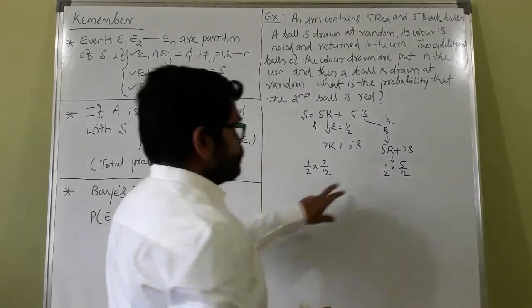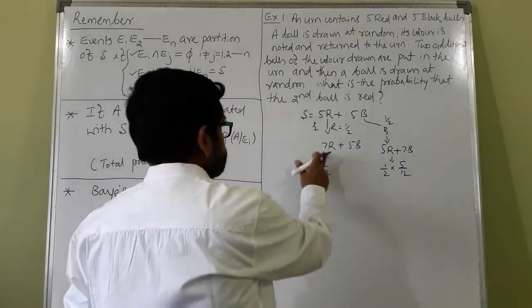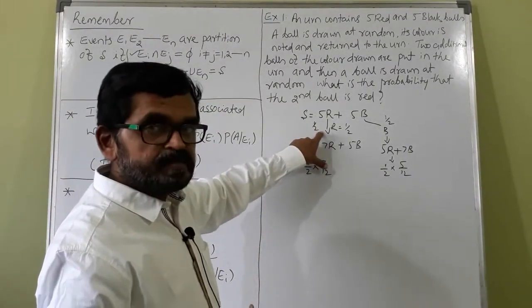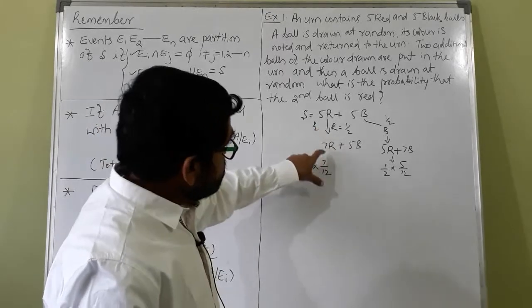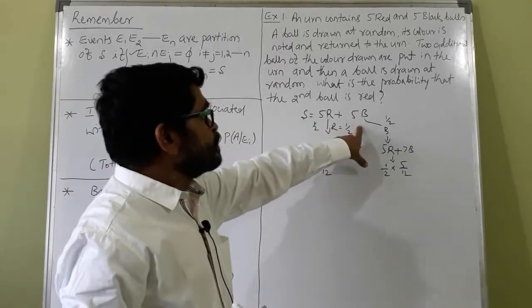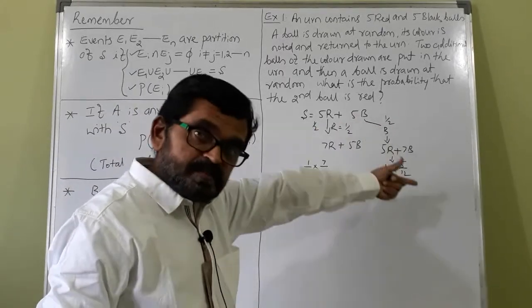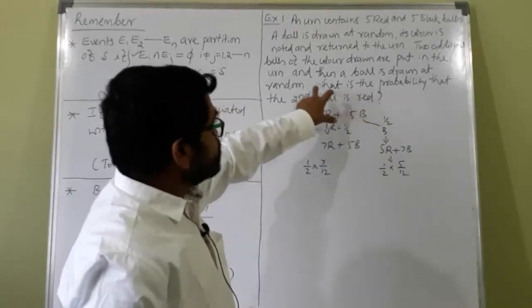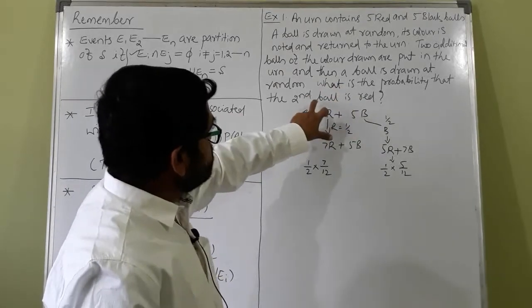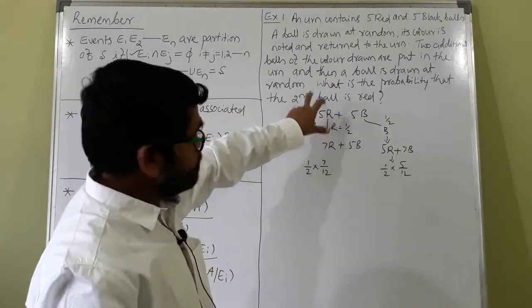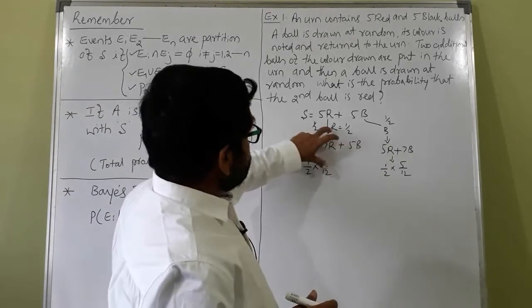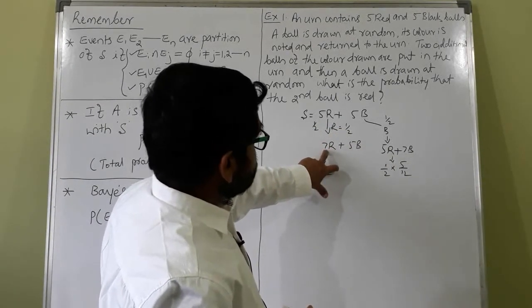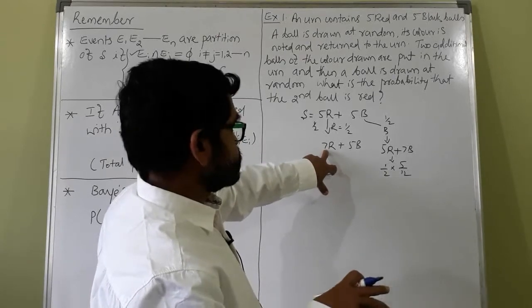So the required probability is either this or that. You may draw first red ball and then second red ball, or you may draw first black ball and then second red ball. Second should be red. You are asked to find the probability of drawing second red. If the first drawn ball is red, then 2 red balls will be added for the second draw.